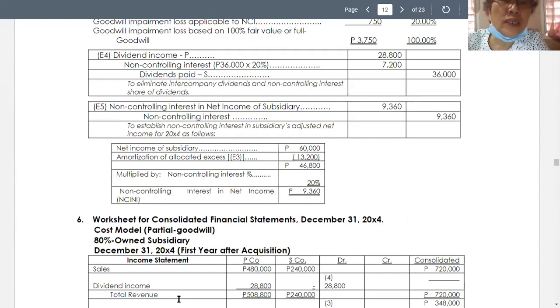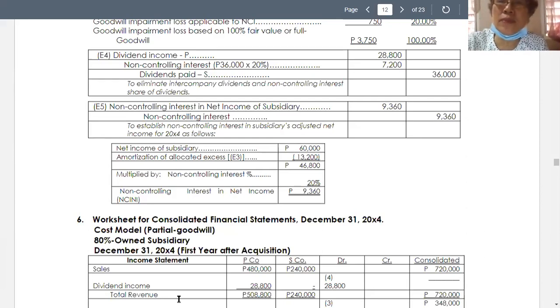Now, for the non-controlling interest in net income of subsidiary, we debit non-controlling interest in net income of subsidiary and credit non-controlling interest. We have the computations as I have already given you, 9,360. And we have the last requirement.